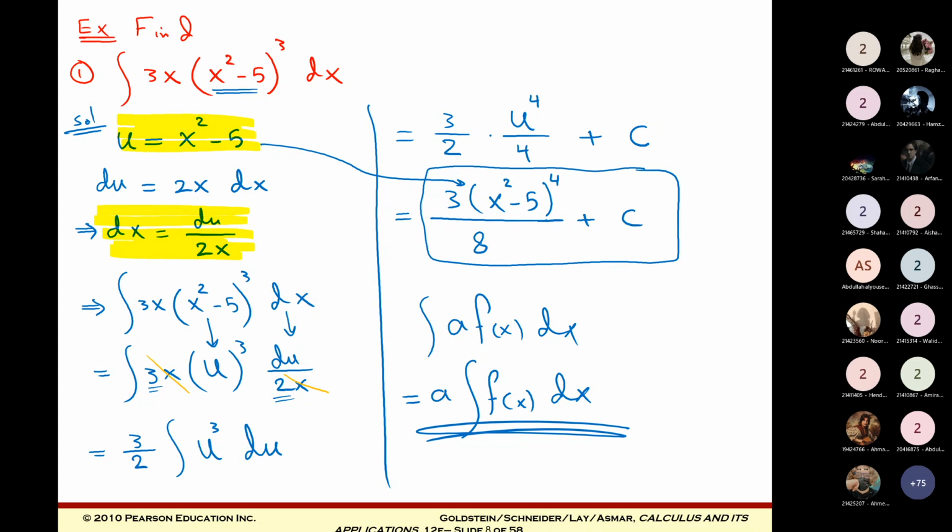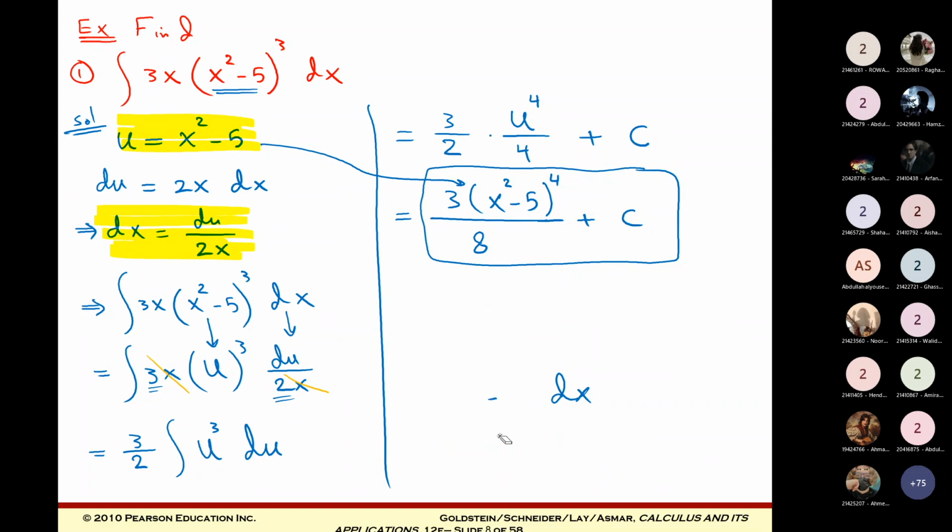Okay, we already studied these rules. So any constant we can put inside or outside the integral. This does not change anything in the result. Okay.